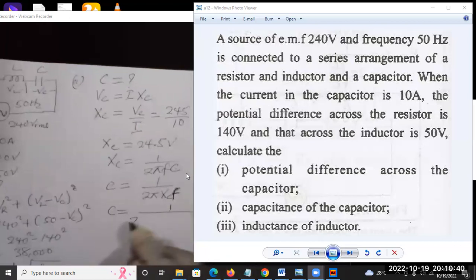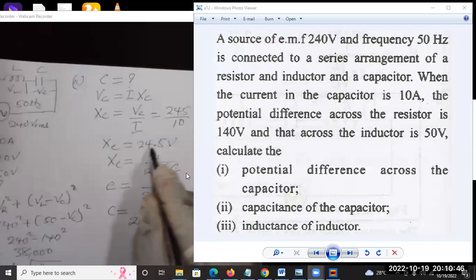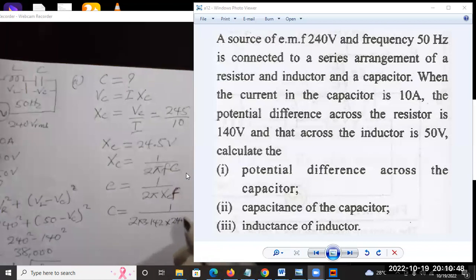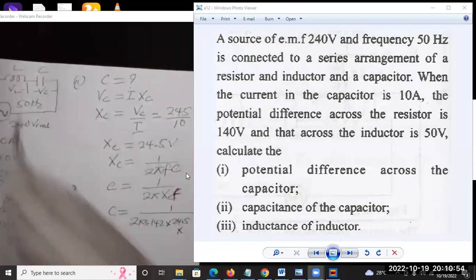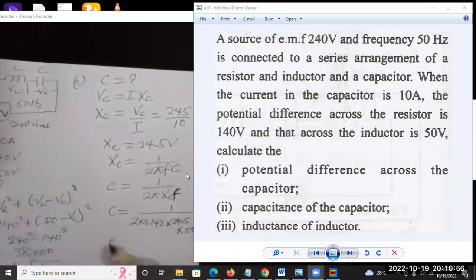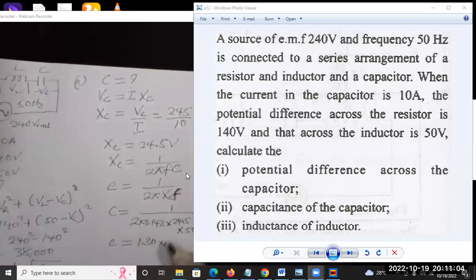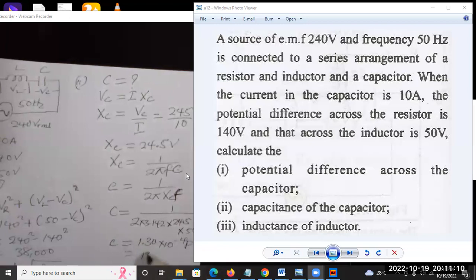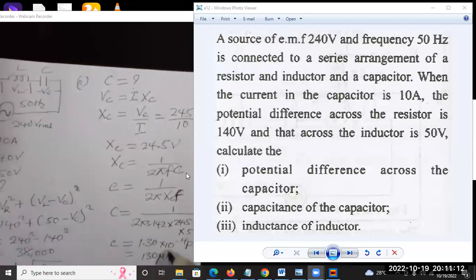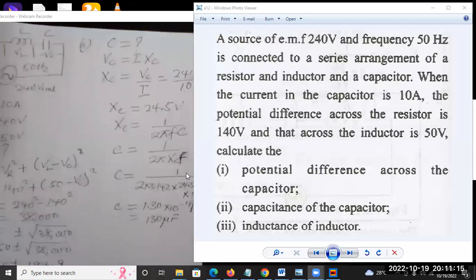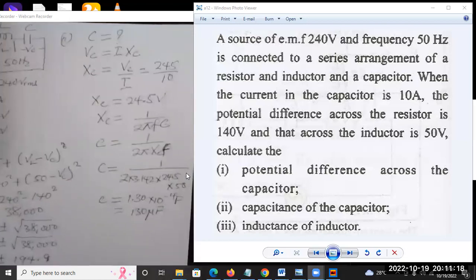That will give us 2 pi, where pi is 3.142, times 24.5, times the frequency, which is 50 hertz. If you do that using a calculator, that should give us 1.30 times 10 raised to the power minus 4 farad. This can be broken down into 130 microfarad. That is the capacitance of the capacitor.